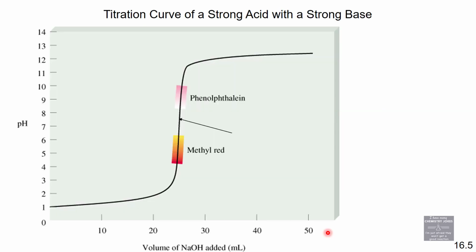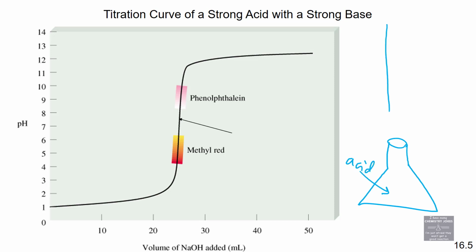Okay. A typical titration curve looks like this. We're going to talk quite a bit about titration curves, but they have pH on the y-axis and volume on the x-axis. Since this one starts at a low pH and pH increases over time, I know that means I've got this sort of setup where my Erlenmeyer is going to have acid in it, and my burette, you're going to love my drawing skills, my burette has base in it.